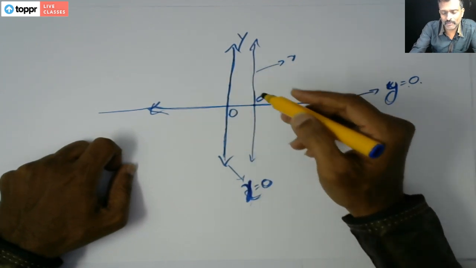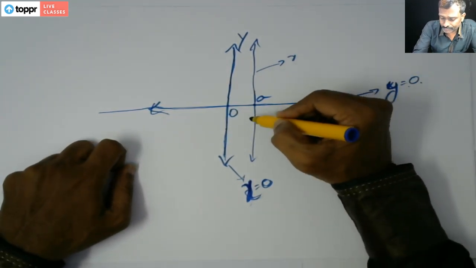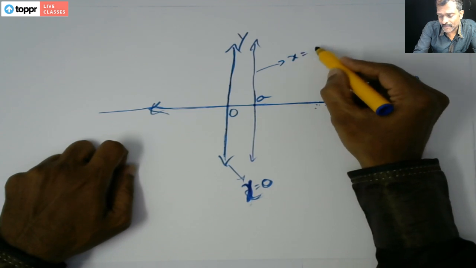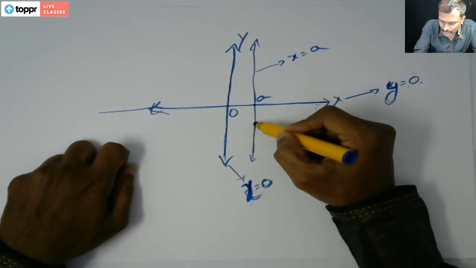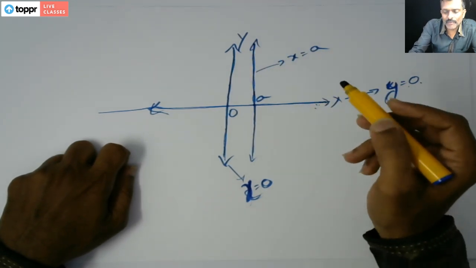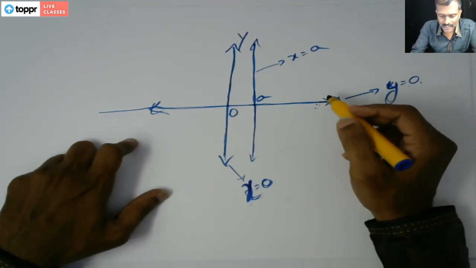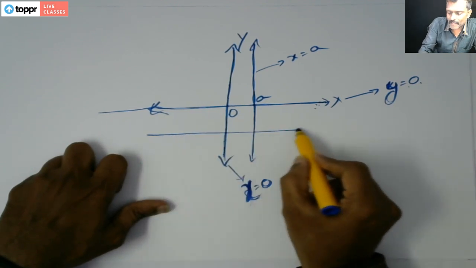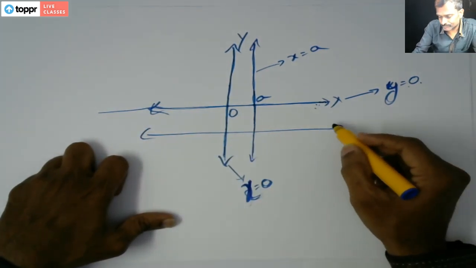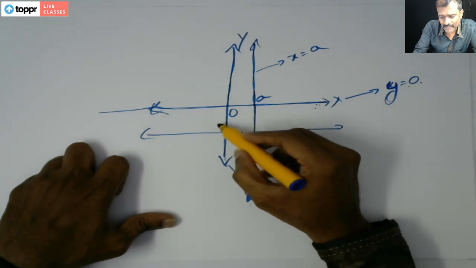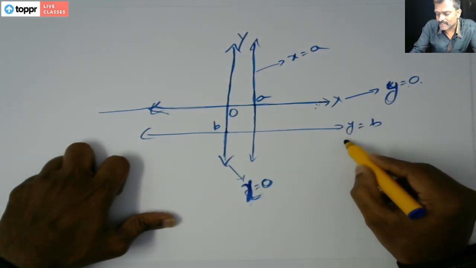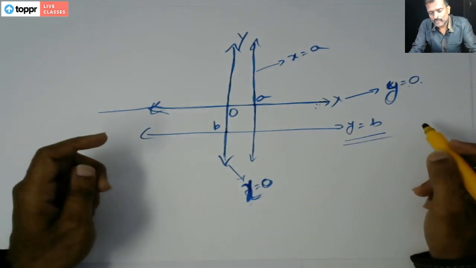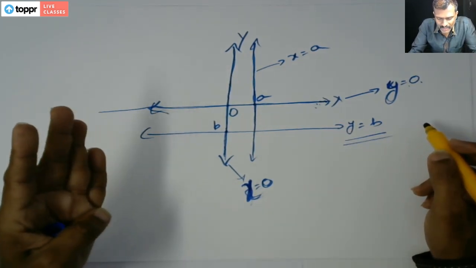X values are always equal to 0. Similarly, this line's equation will be x is equal to a, because the value of x is always equal to a on this line. And in the same way, if you have a line parallel to the x-axis, cutting the y-axis at a certain b, then y is equal to b is the equation of this line.